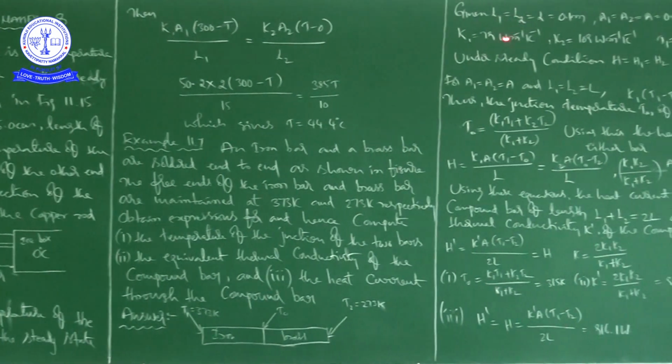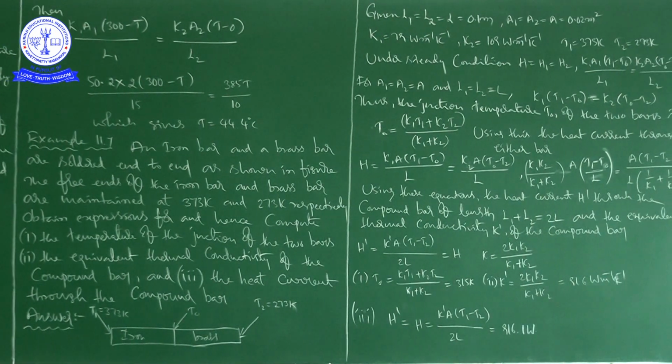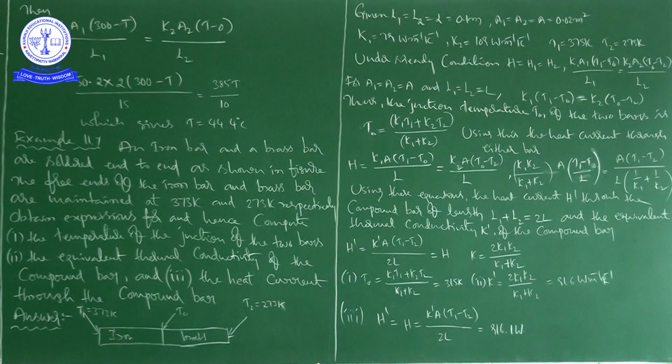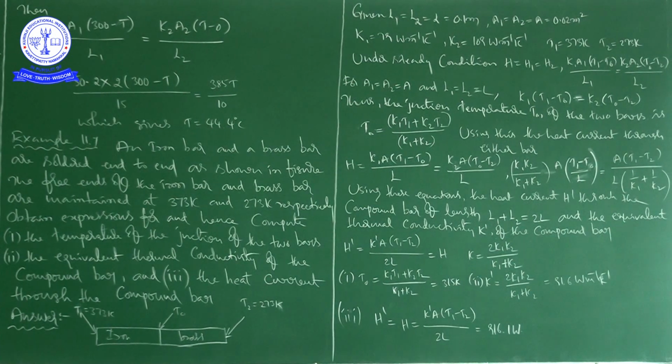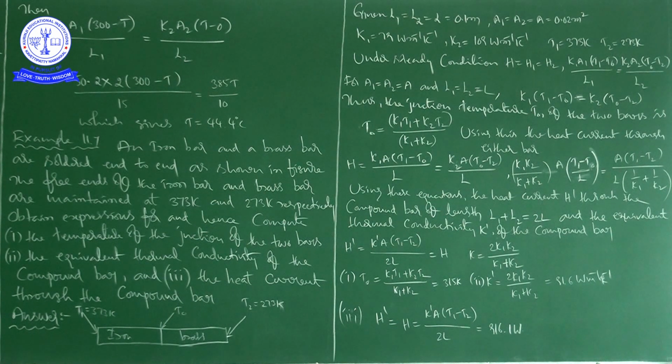L2 is equal to L1 is equal to L is equal to 0.1 meter, right? And area of cross section for the iron bar is 0.02 meter square, and thermal conductivity is 79 watt per meter per Kelvin. And for the brass bar, L2 is 0.1 meter, A2 is 0.02 meter square, and K2 is 109 watt per meter per Kelvin.